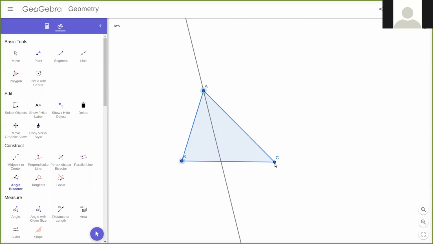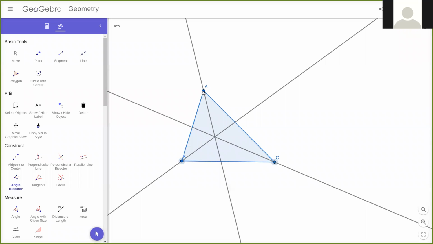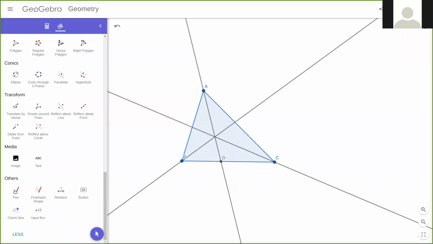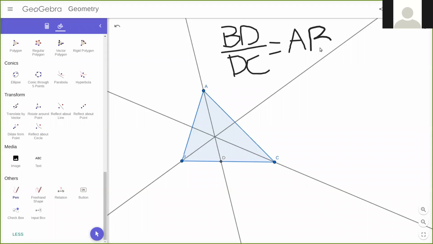Right, let's reconstruct the angle bisectors. Okay, so now if we construct the angle bisector AD, we have, as before, BD over DC equals AB over AC.